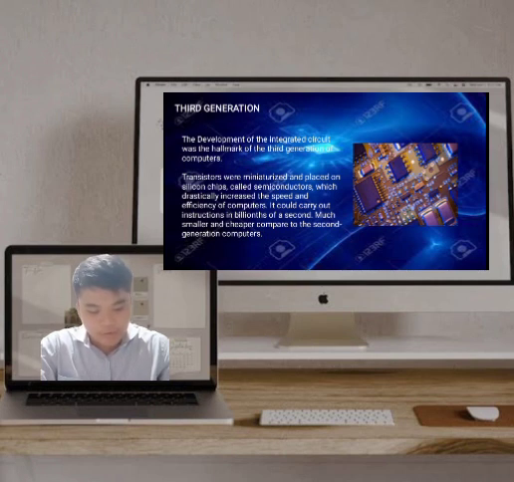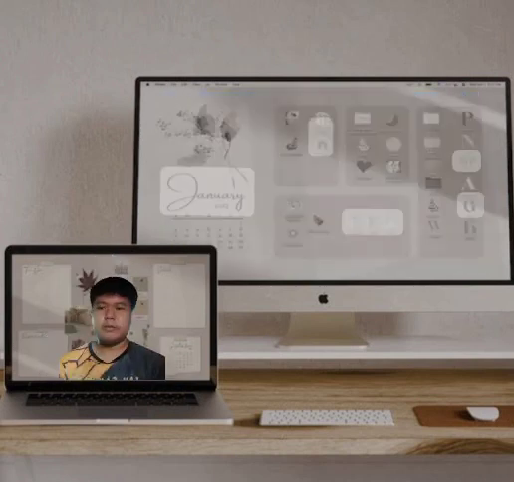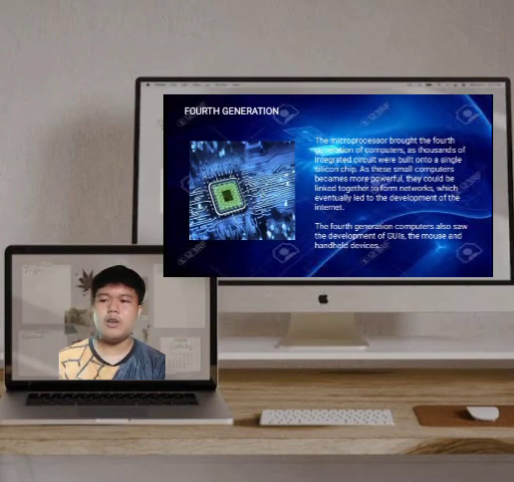It could carry out instructions in billionths of a second, and was much smaller and cheaper compared to the second generation of computer.